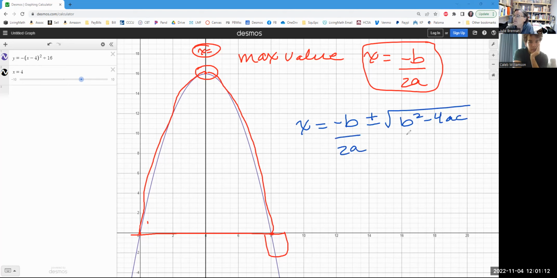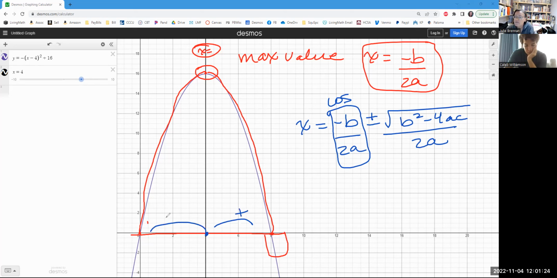And I like to write it this way because if you notice, this is the line of symmetry. Here's that plus or minus. So here's my line of symmetry. This is my plus quantity. This is my minus quantity. That's what the second part is. This part here is over here. And this part, the plus goes this way, the minus goes this way.